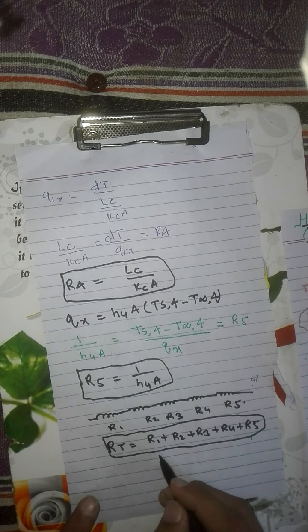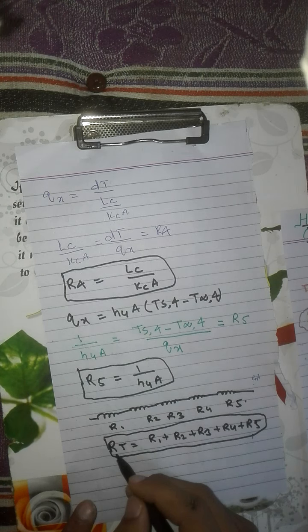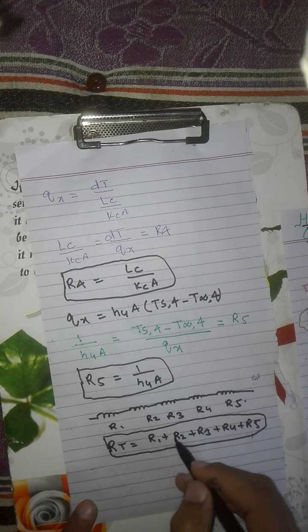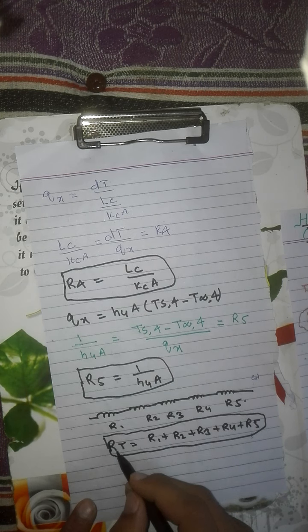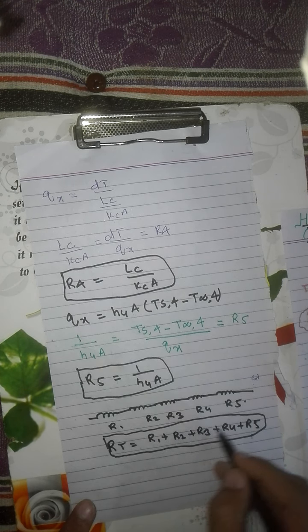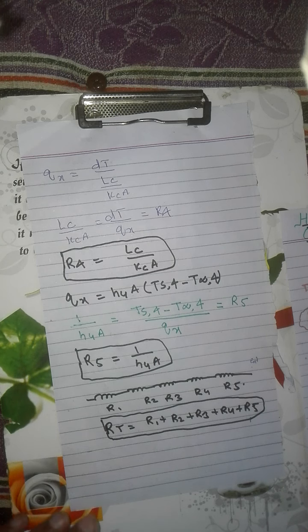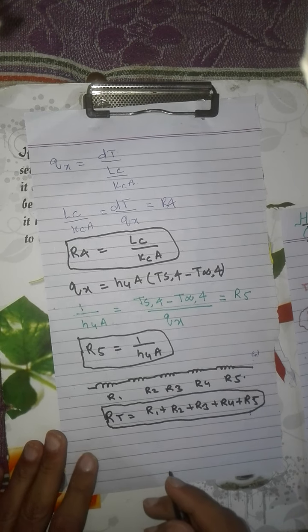So the total resistance provided by the fluid and the composite wall is RT, which is the combination of all the resistances.